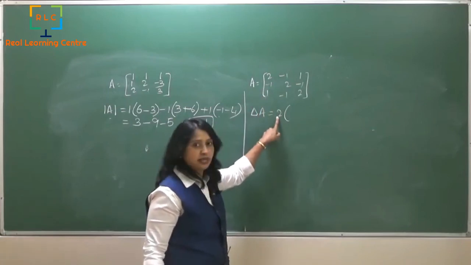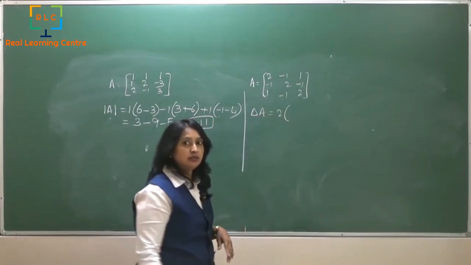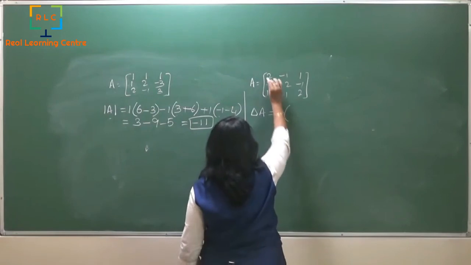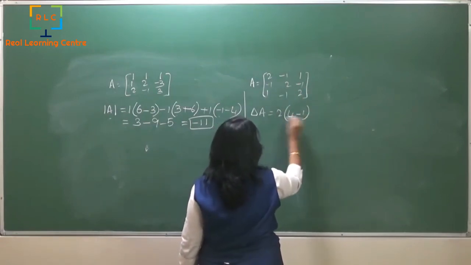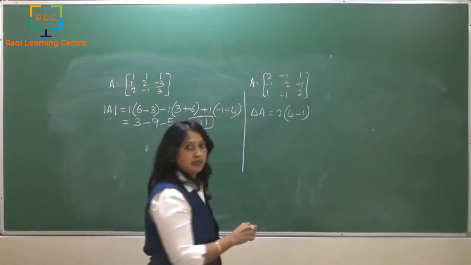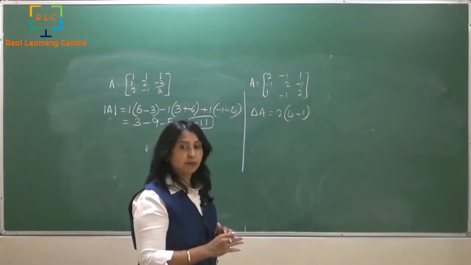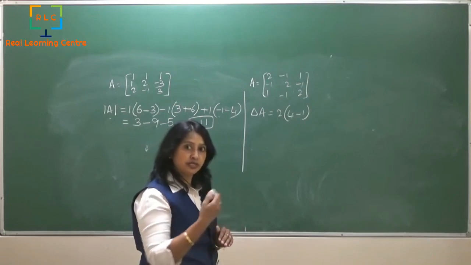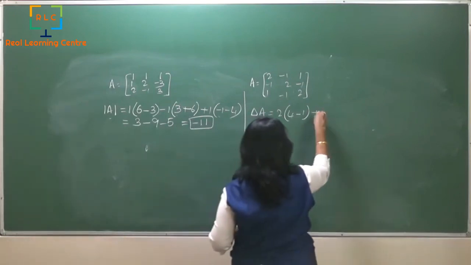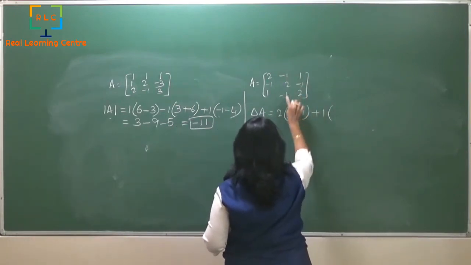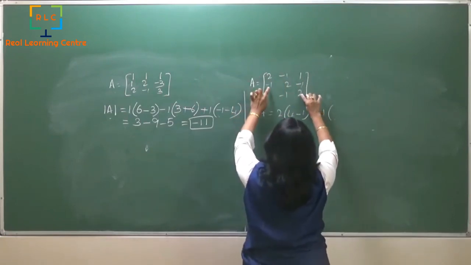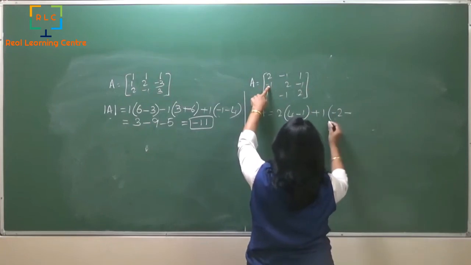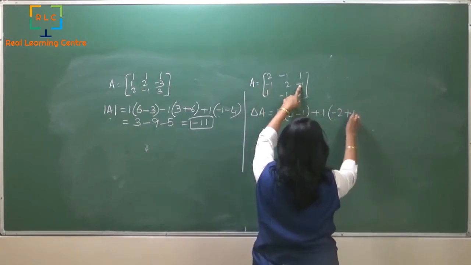So I shall put plus there, and I shall take out the cofactor, that is plus into determinant of this much, it is 4 minus 1. Next the element is minus 1, but when I am taking the cofactor I should write its opposite sign. So I shall write plus 1, row number 1. Wherever it is present, that column, that row you delete. I will take out the determinant of this much. 2 into minus 1 is minus 2, minus 1 into minus 1 is minus 1, it will be plus 1.